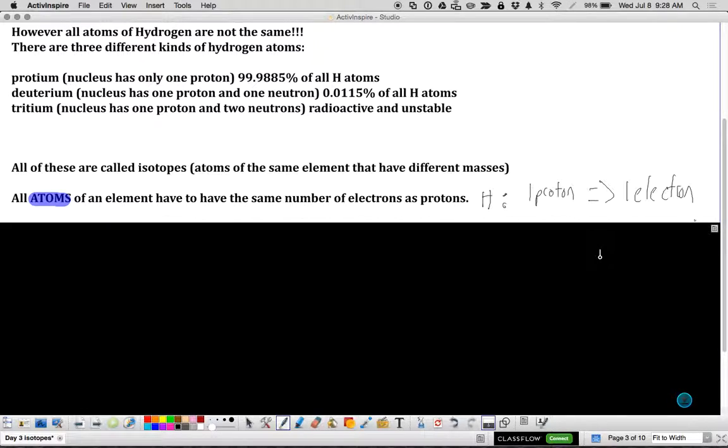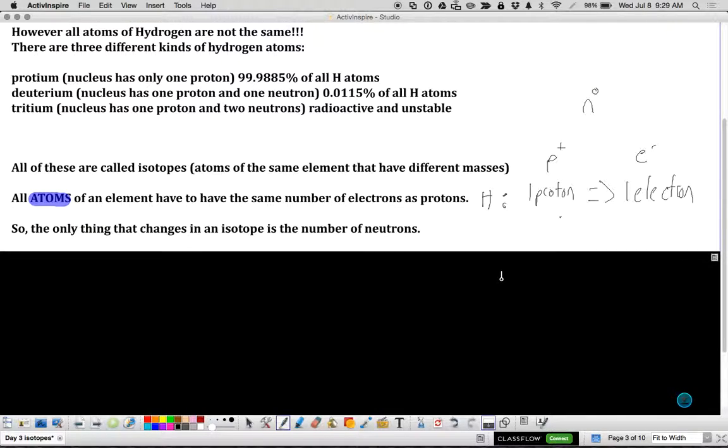Now let's talk a little bit about symbols for these things, because that's going to help us speed through this. A proton has a positive charge, so the symbol for proton is P+. Electron is E-, and neutron is N0, doesn't have a charge. So the only thing that changes in an isotope is the number of neutrons, N0.